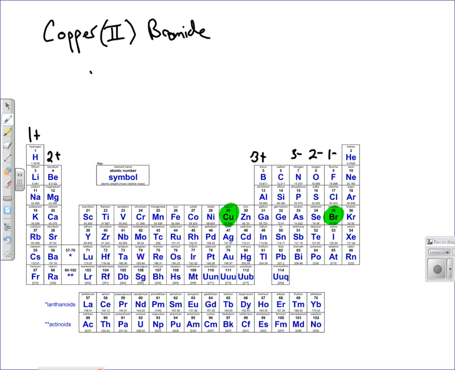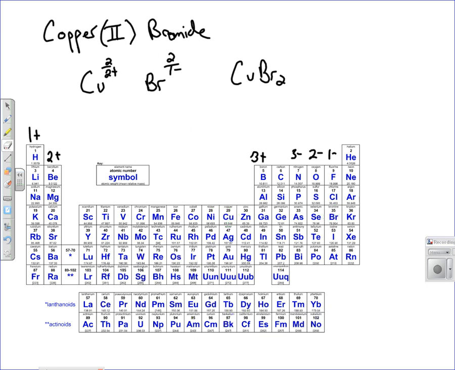So we know that copper must have a +2, and bromine has a -1. They both go into 2 evenly, and then you have CuBr2. Pretty excellent, huh?